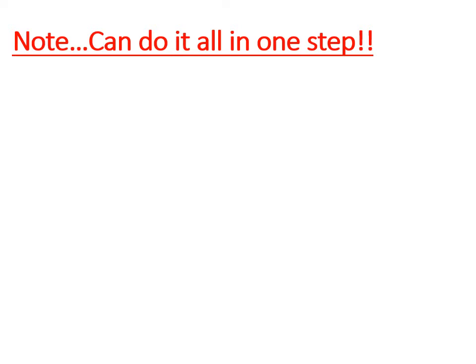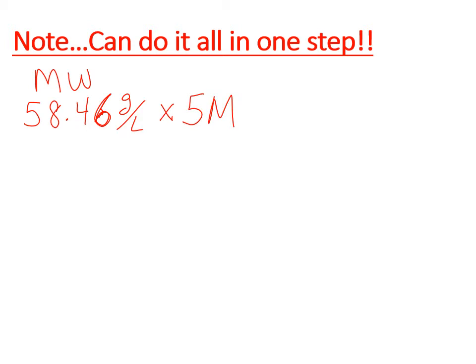Okay, so like I said, you could do it all in one step. You can take your molecular weight, which is 58.46 grams per liter, and remind yourself, you're not making 1 molar. What are you making? You're making 5 times that. Okay, so that's molecular weight first, then we're doing molarity, and then you're not making 1 liter, you're making 0.1 liter of that volume.